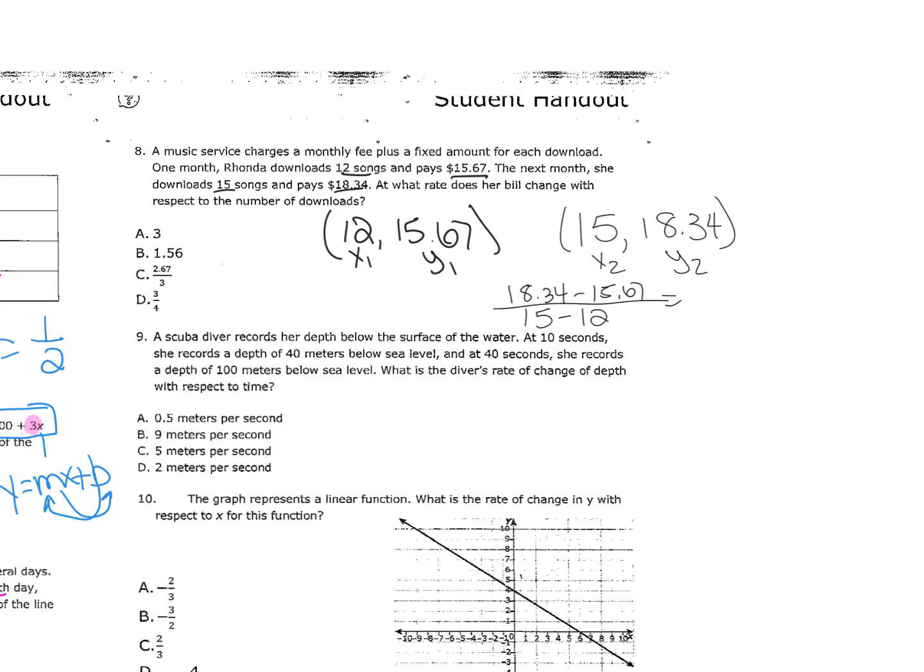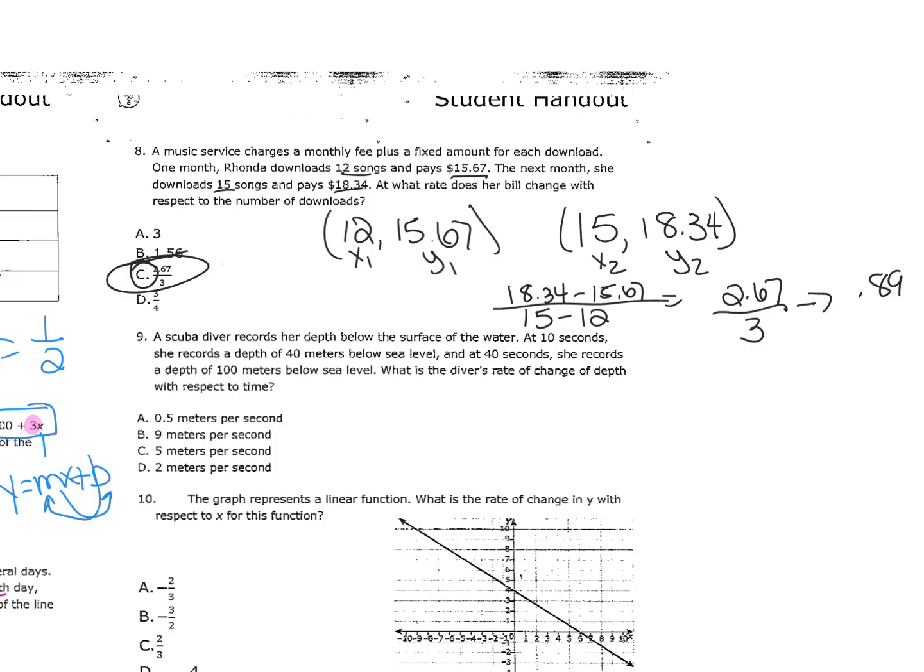And then I'm going to simplify this, and I'm going to plug this into Desmos. 1834 minus 1567 gives me 267 over 15 minus 12, which is 3. So I can see that's my slope right there. And if I wanted to know the cost per song, I could simplify that one step further. 267 over 3, that would be about 89 cents per song, but it only asked for this one here. So we're going to leave it.